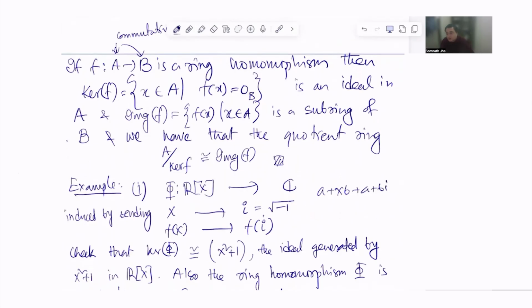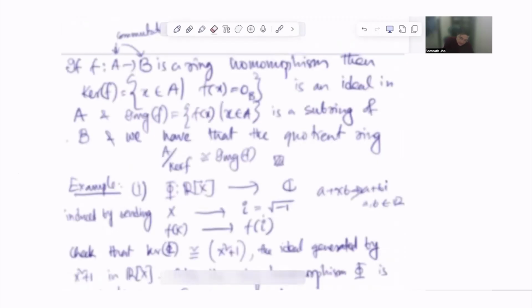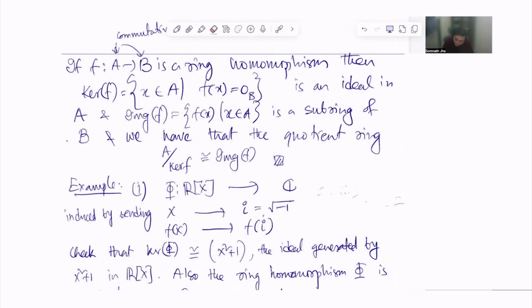Any complex number is of the form a plus bi where a, b are in R. So that is captured by a plus xb goes to this element. So this is a surjective ring homomorphism.